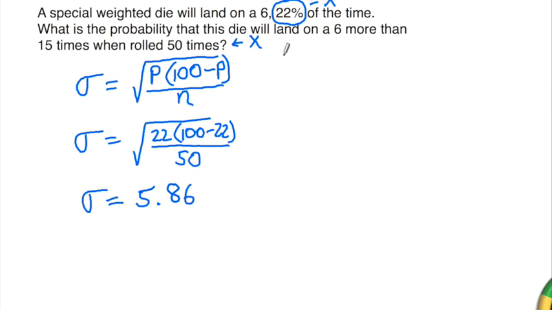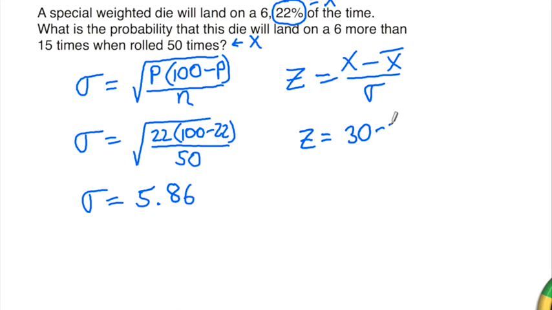Then the rest of it is we want to know the probability that it'll go more. We're going to do a z-score: x minus x bar over sigma. So z is equal to, now x in this case is the data value, 15 out of 50. 15 divided by 50 is 0.3, so that would be 30%, minus 22%.